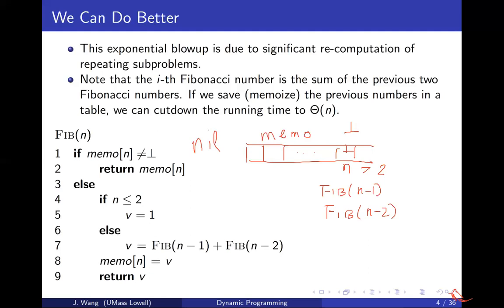So that means you're going to look at these two. When they all have value, suppose they have been already computed, right? That means this has a value, this has a value. So you don't have to recompute it, you just do a table lookup, then you can do this, right?